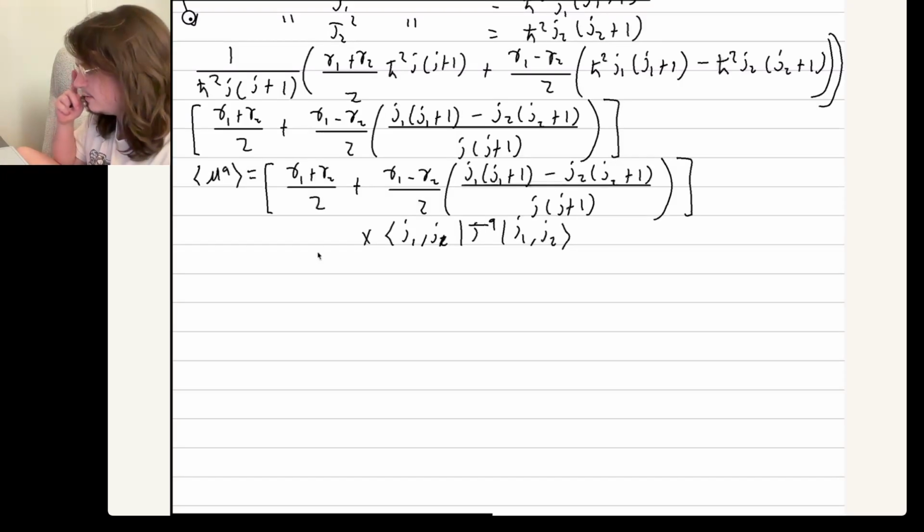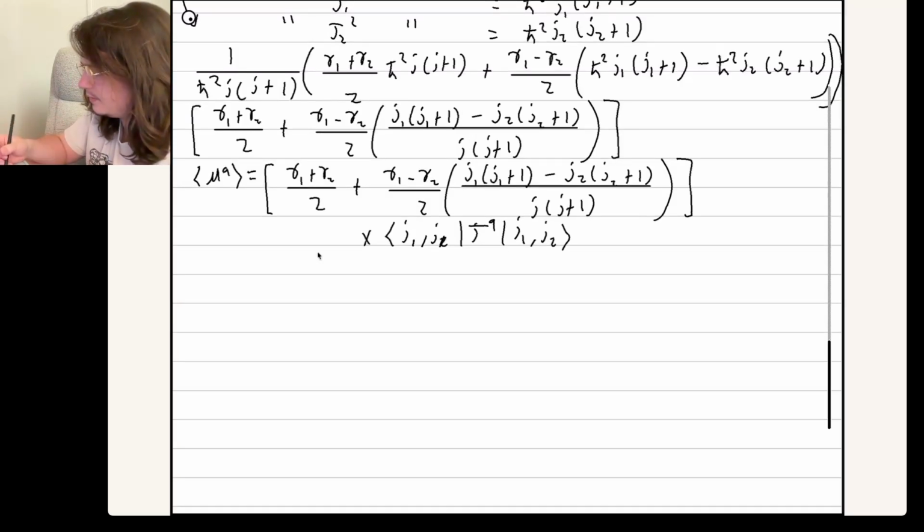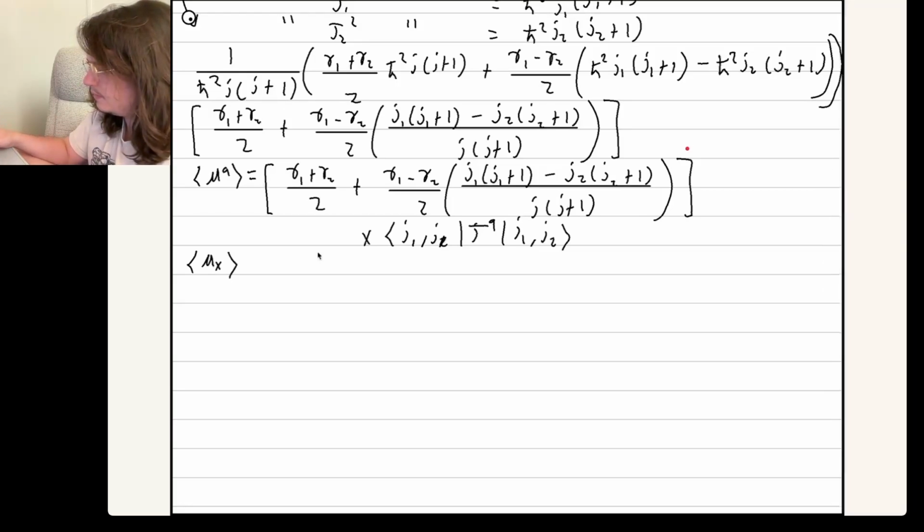For x, I'm just going to call this big thing alpha for now. You'll have alpha times J1, J2, J_x, J1, J2.